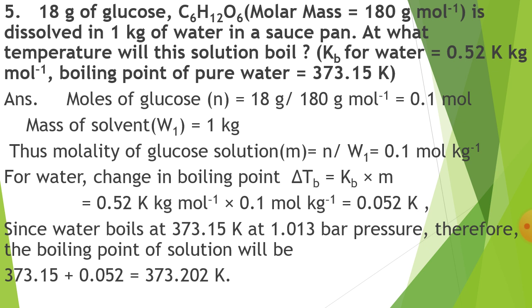Since water boils at 373.15 Kelvin at 1.013 bar pressure or 1 atm pressure, therefore the boiling point of the solution will be, with delta Tb equal to Tb minus T naught b, hence Tb equal to delta Tb plus T naught b. By putting this value, we get the answer 373.202. Now students, these two properties are much more important in respect of this chapter.